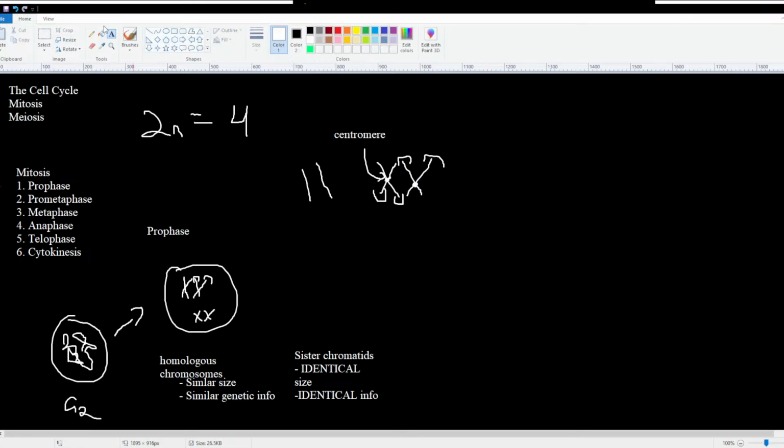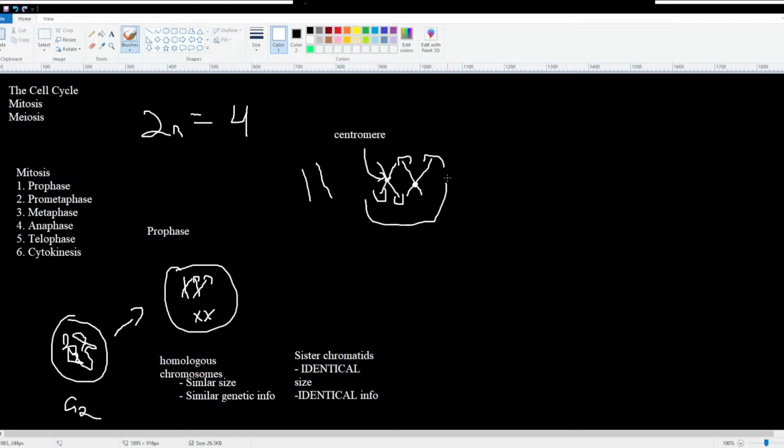So you have 2 sister chromatids for every 1 chromosome after it's been duplicated. Like I said, they're identical size and identical info, and because they are attached here at the centromere, it would still be considered 1 chromosome.